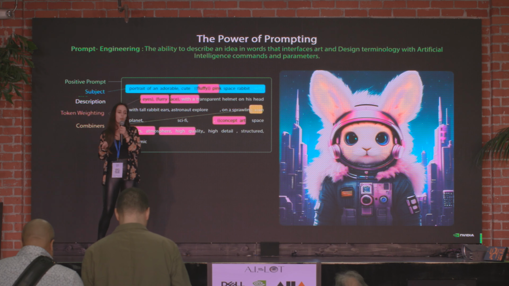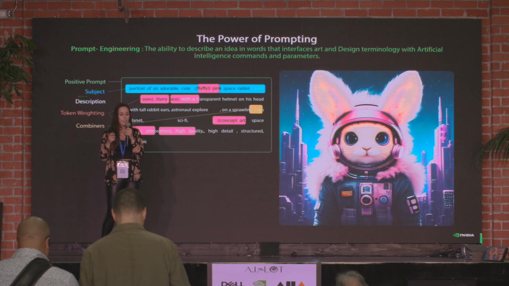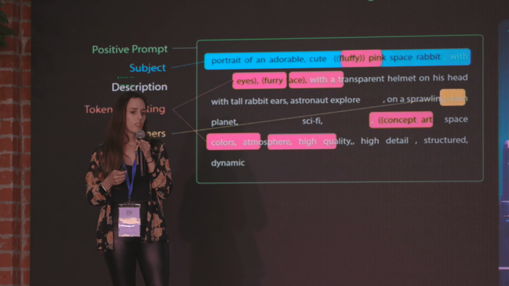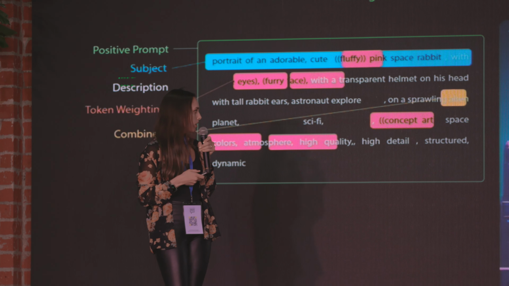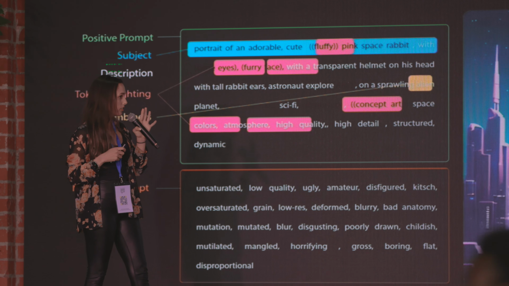So instead you say, I want a fluffy space bunny and I want him to look this way. And please make him on an alien planet. Basically, you separate out the things so that it's easier for the AI to understand what you want. By doing this, you actually are much better able to control your designs.